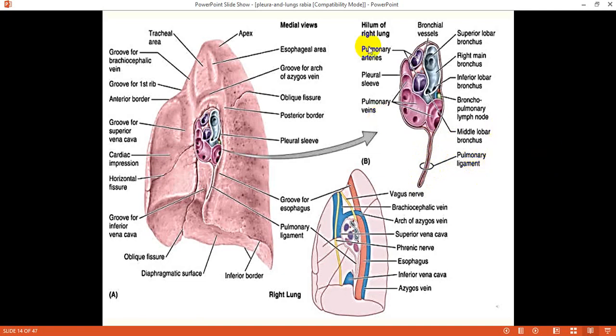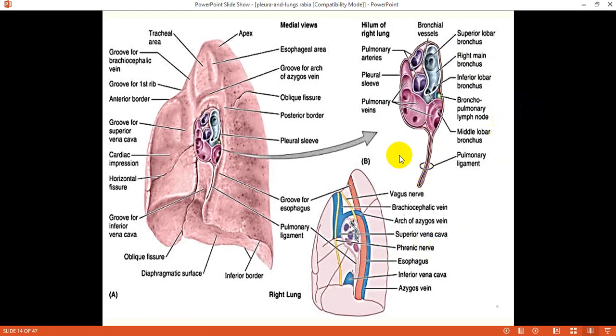So we can observe the main structures here. Generally speaking, the contents of the hilum are pulmonary artery, pulmonary veins, and principal bronchi, which are associated with bronchial vessels. But there are differences between the right and left hilar structures.